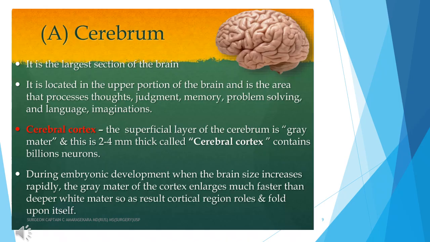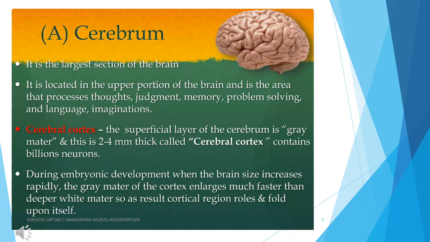During embryogenesis, the cerebral cortex, our gray matter, undergoes rapid expansion. This outer layer, just 2 to 4 millimeters thick, contains billions of neurons responsible for processing sensory input, initiating motor commands, and integrating higher cognitive functions.